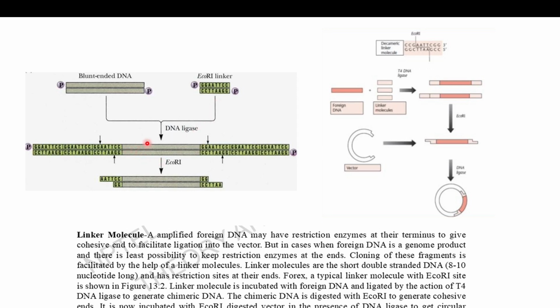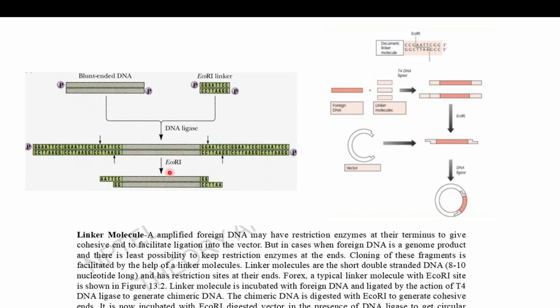Here you have the blunt-ended DNA, primarily the DNA of your interest, or the vector. Whichever we are talking about, the recognition sequences for certain restriction enzymes have been ligated at both ends. Then the specific restriction enzyme, in this case EcoRI, is introduced into the reaction mixture.